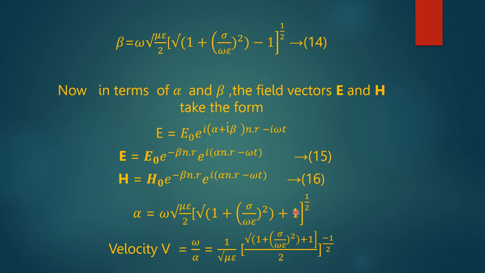Then the wave velocity in a conducting medium, which is v, is given as angular frequency omega divided by the real value of the wave propagation vector, that is omega by alpha, is equal to this value after substituting the value of alpha.